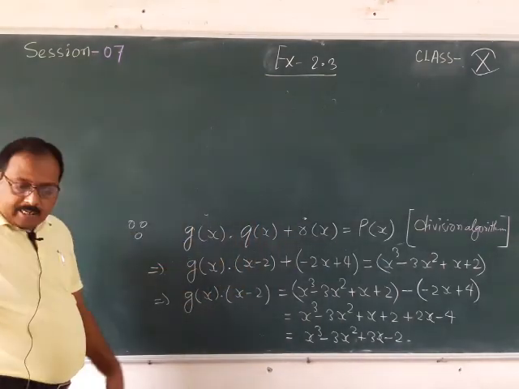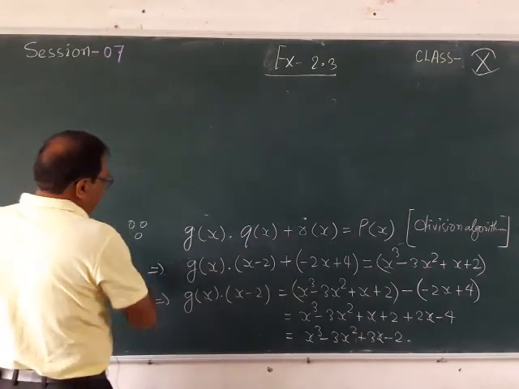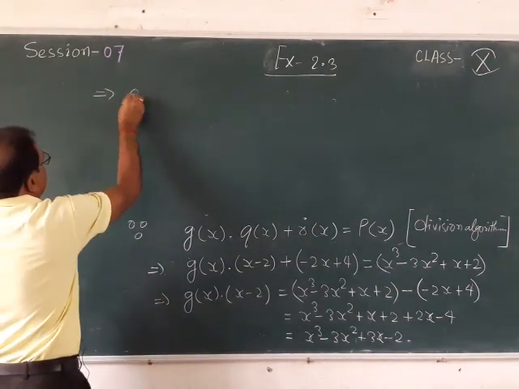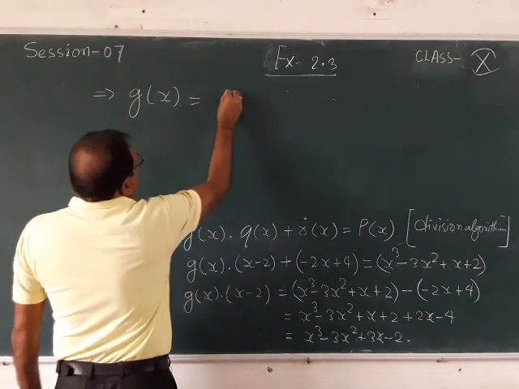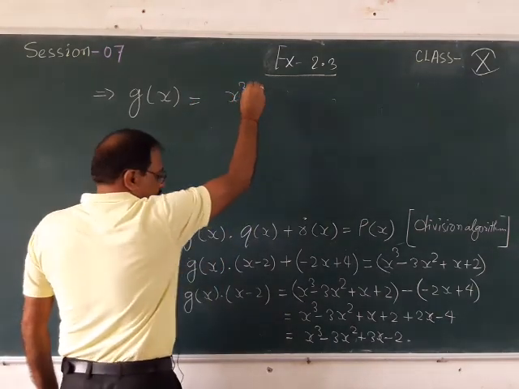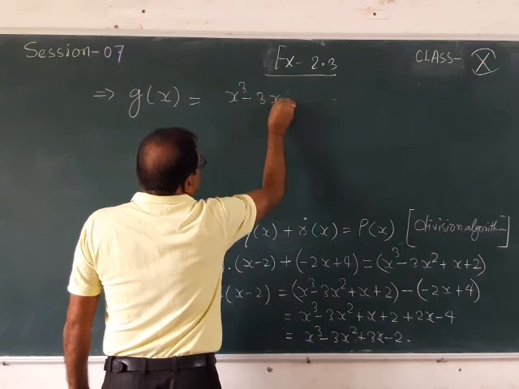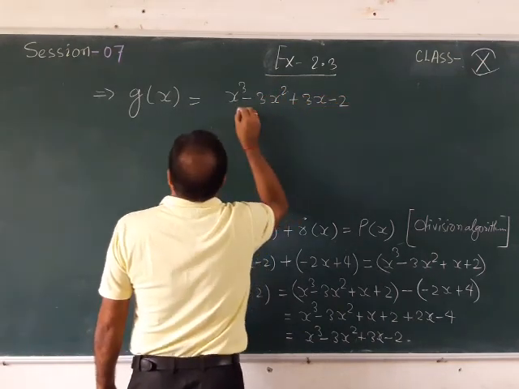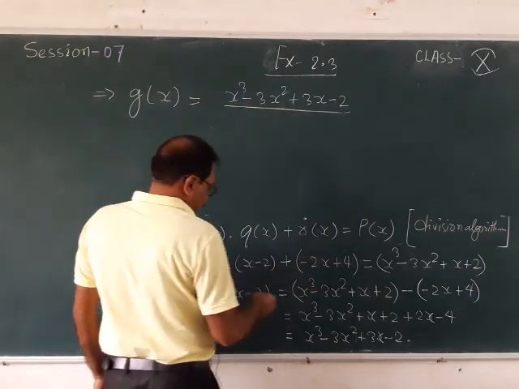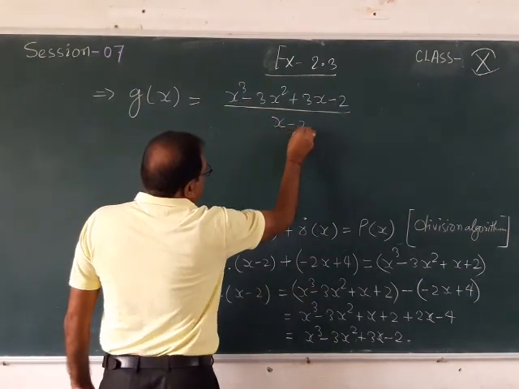Now till here we have got, that means now you want to find g(x). It should be (x cube minus 3x square plus 3x minus 2) upon (x minus 2).